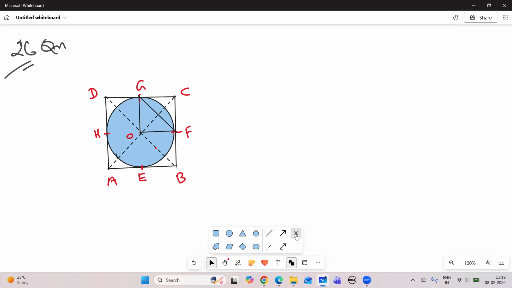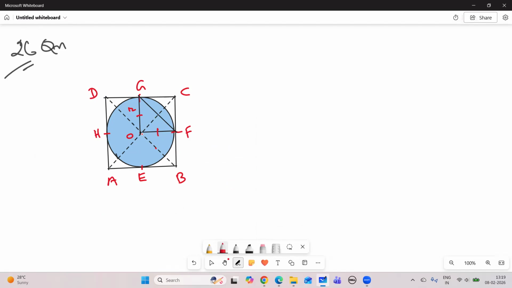Therefore, GO is a radius, FO is also a radius. We can assume the radius of the circle is small r. So OF and OG are equal to r. Therefore, they are of equal length.